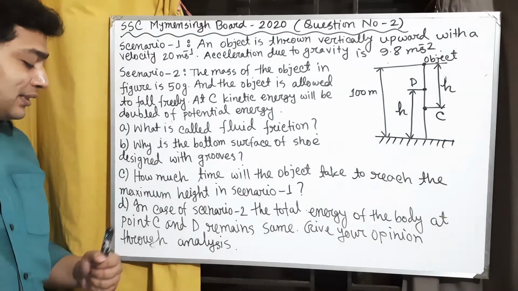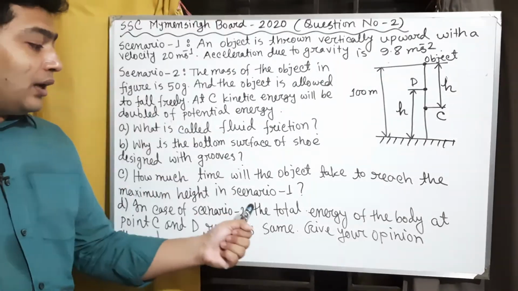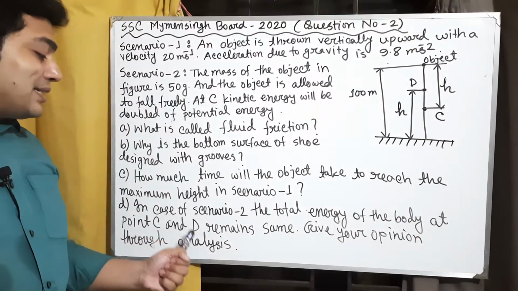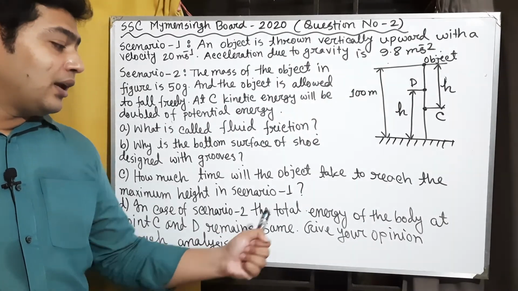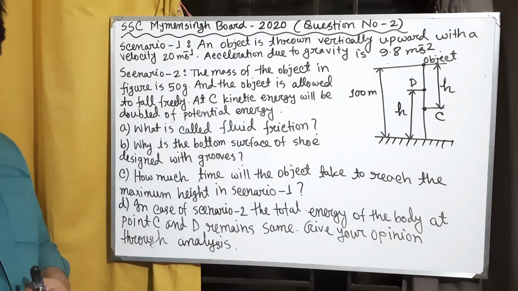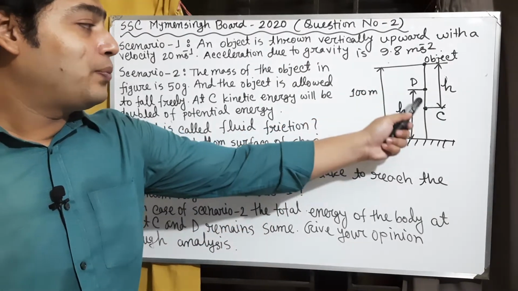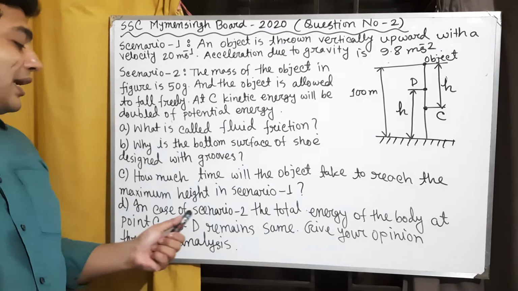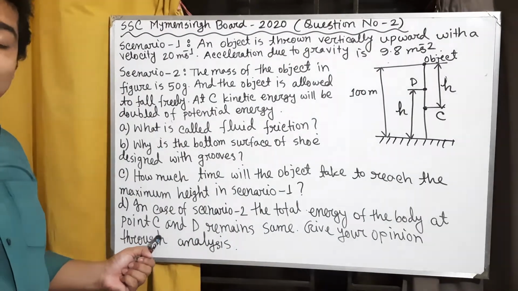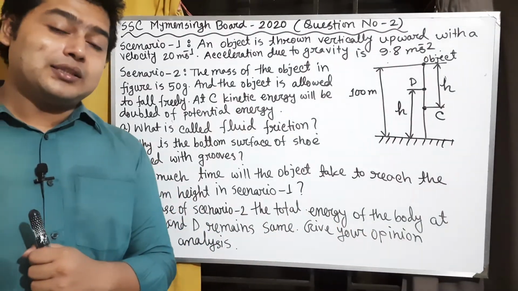And question D is, in case of scenario 2, the total energy of the body at point C and D remains the same. Give your opinion through analysis. I will repeat question D again. In case of scenario 2, here you see D and C. The total energy of the body at point C and D remains the same. Give your opinion through analysis.